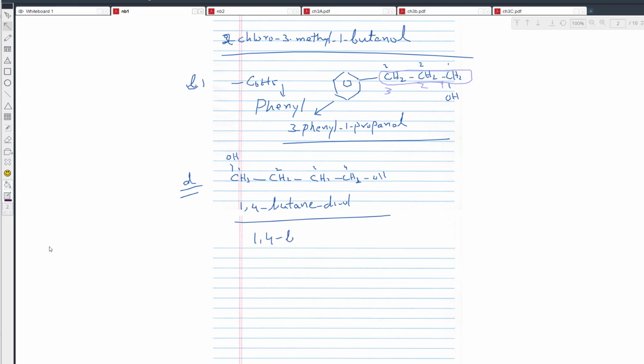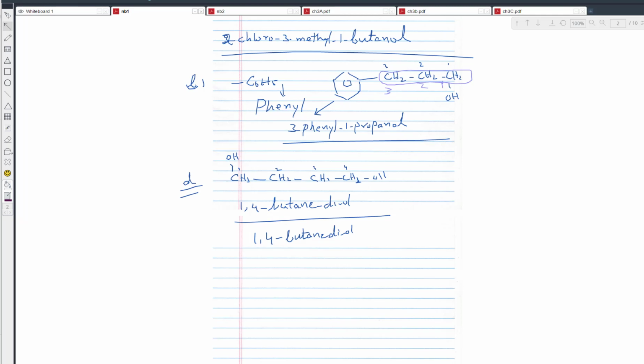Normally we give the dash, but they don't. Is this one clear? Yes. You can ask your teacher, because it's better to give the dash. I don't know why they are not giving it.